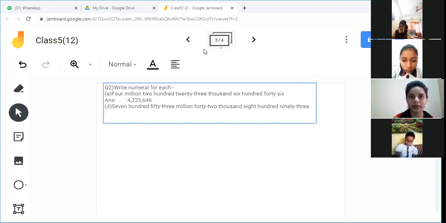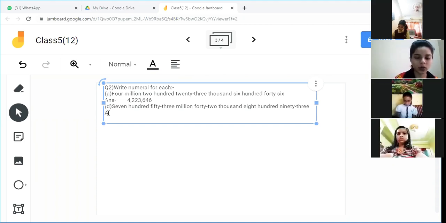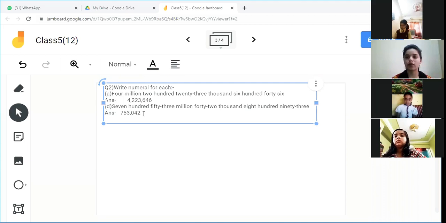753 million. So it is in which place, children? It is in the millions place. So 753 million. Now 42,000. 42,000 is in the thousand place. 42,000 is given, children.